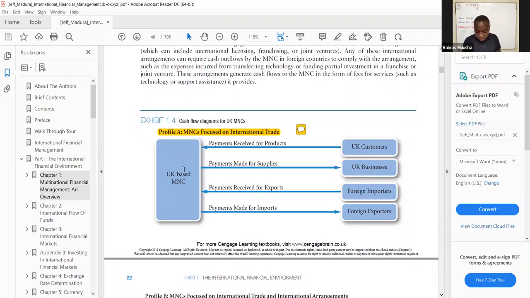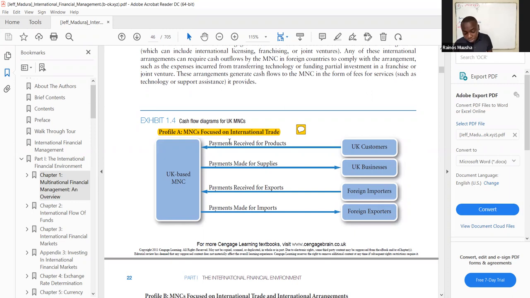So for a purely domestic firm, the only foreign footprint they have is where they're doing import and export of goods.